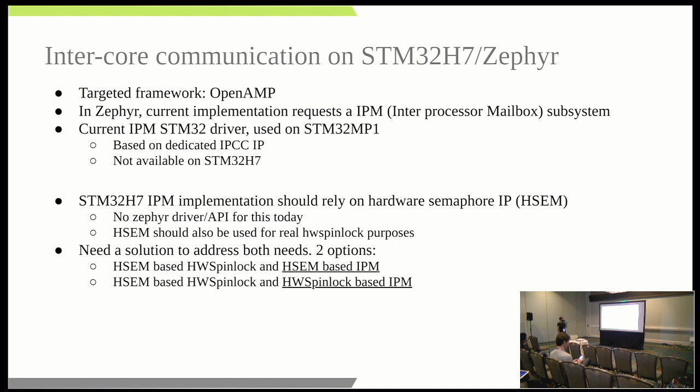OpenAMP is used there also, but it has an IPCC IP, which is dedicated to intercore communication, and on top of which the interprocessor mailbox can be implemented, and this is what is used by the OpenAMP framework. This IP is not available in STM32H7, so we have to implement OpenAMP using the hardware semaphore IP.